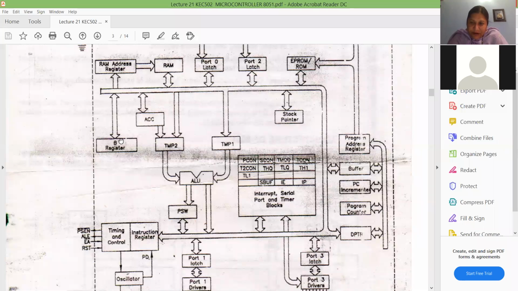Sakshi? You can write in the chat box if your mic is not clear.